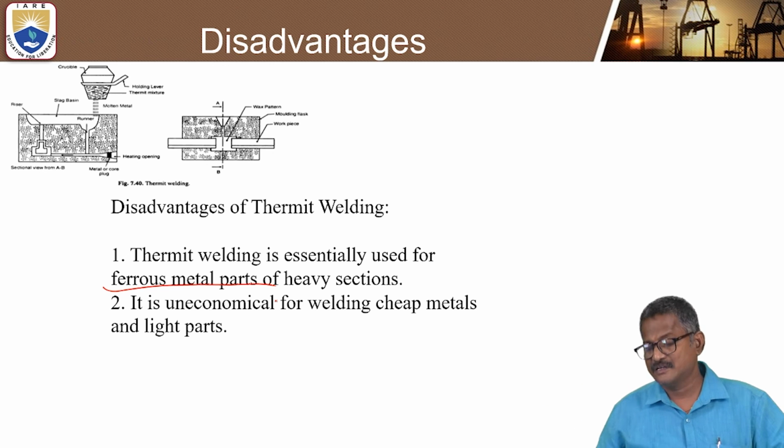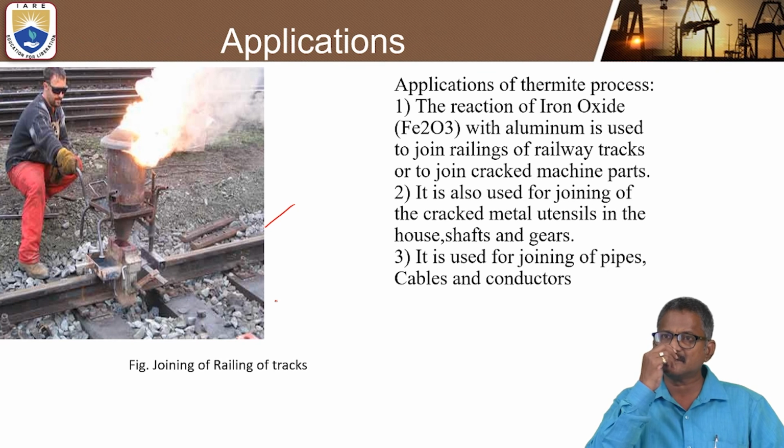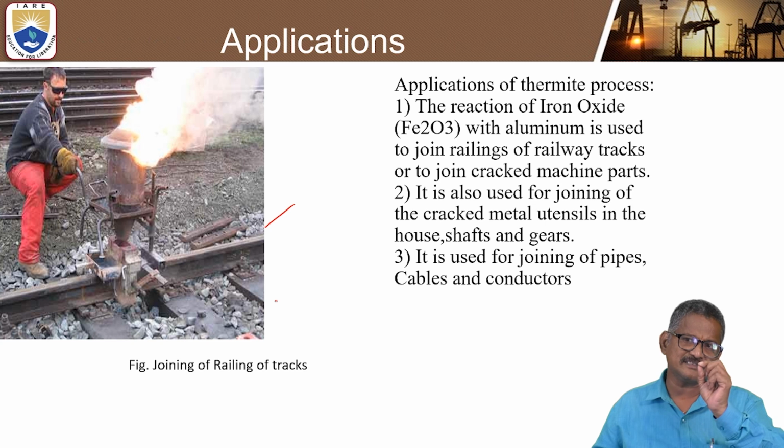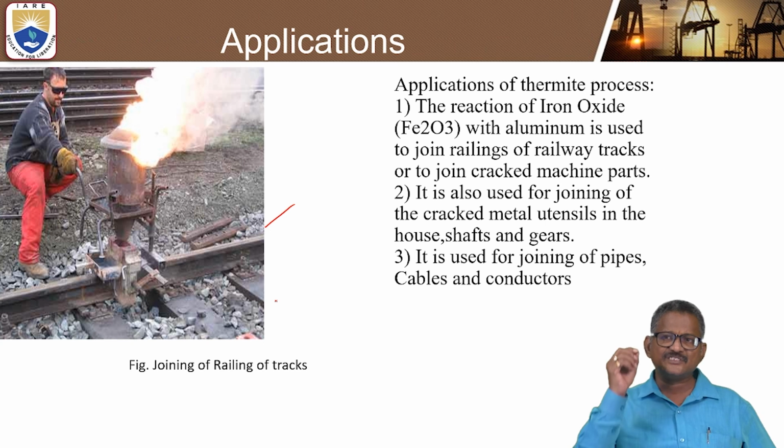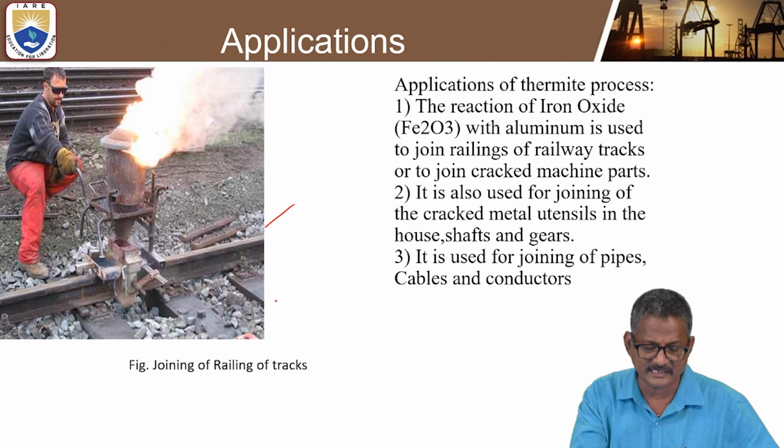And from the major application point of view, look at this: the reaction of iron oxide with aluminum is used to join the rail sections.